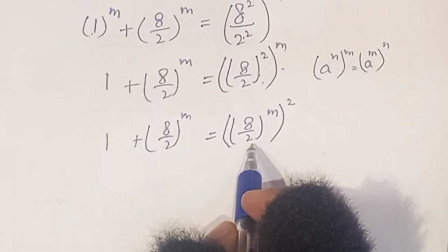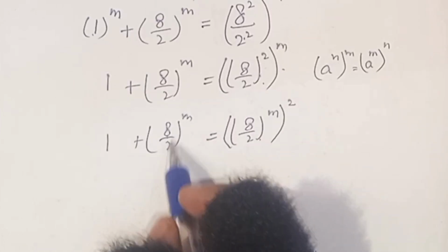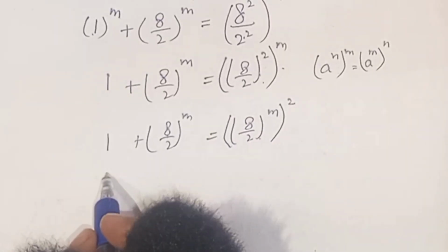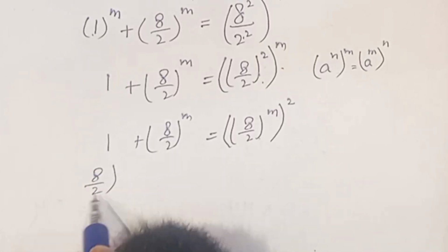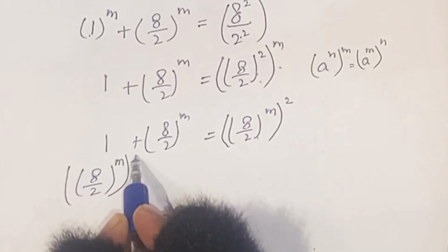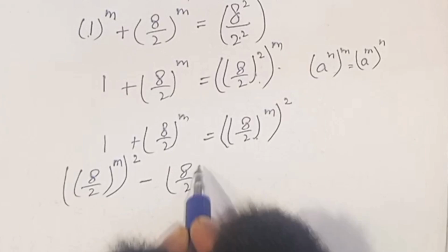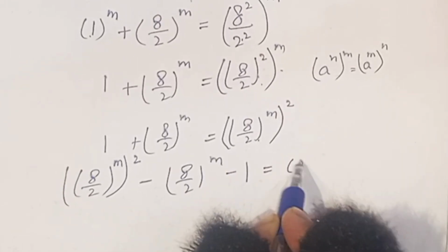Now in the next step, subtract 1 and (8 over 2)^m on both sides of this equation, and so this will become (8 over 2)^(m times 2) minus (8 over 2)^m minus 1 is equal to 0.